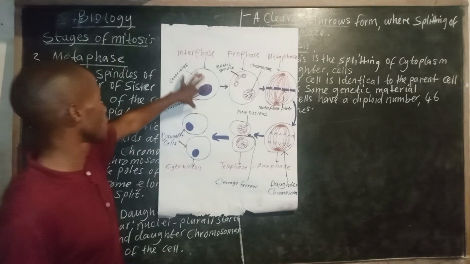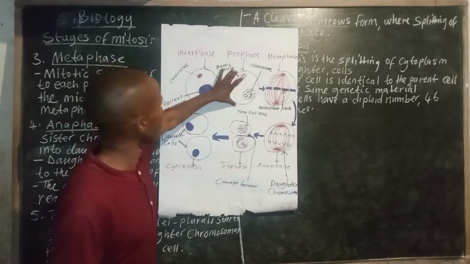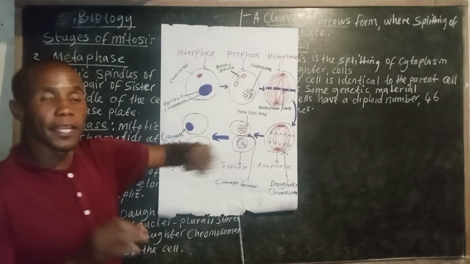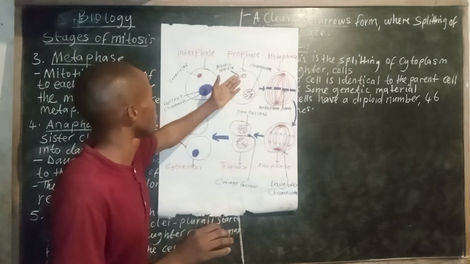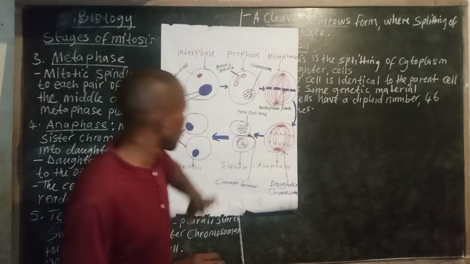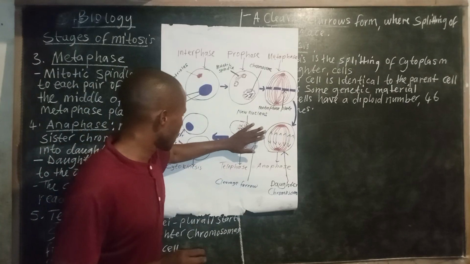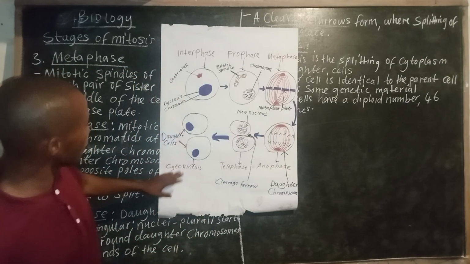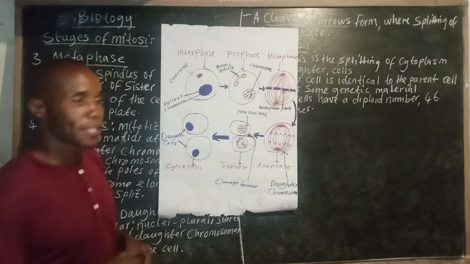Remember, initially we only had one cell. Then the process moves based on the phases: from prophase to metaphase, from metaphase to anaphase, from anaphase to telophase, and the last one, cytokinesis.